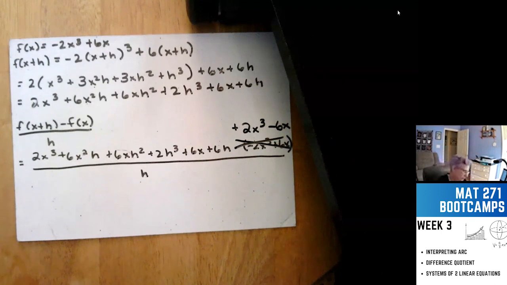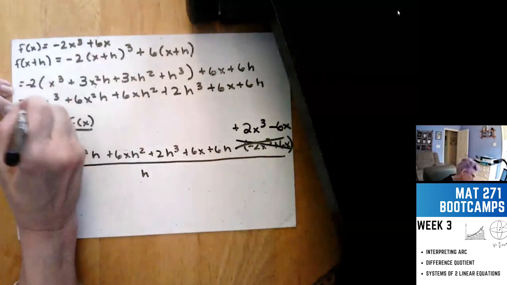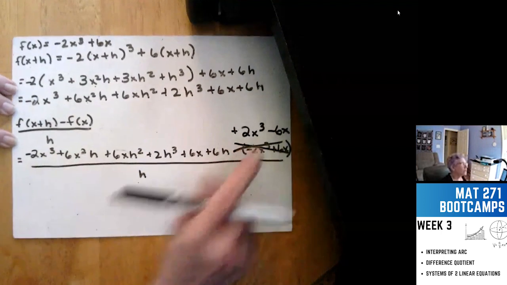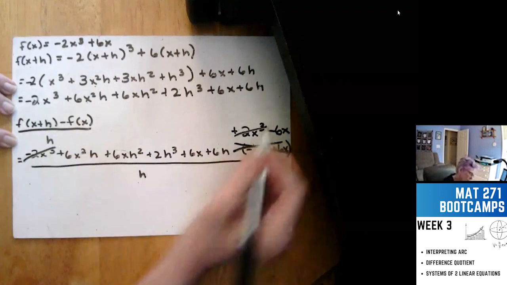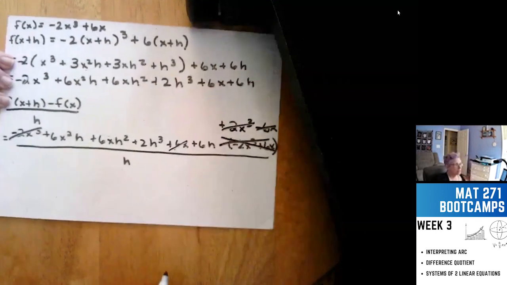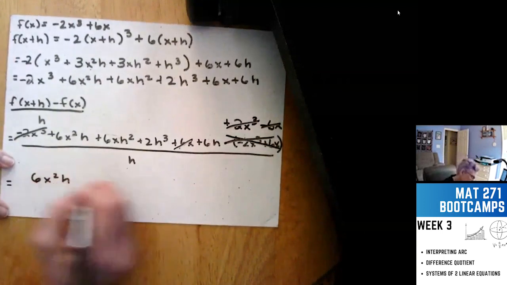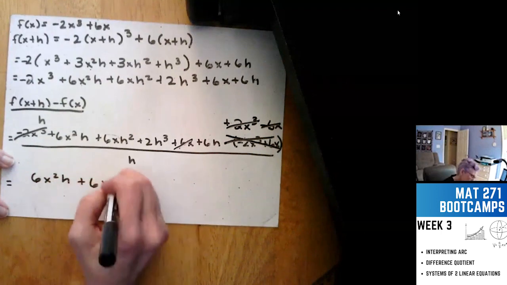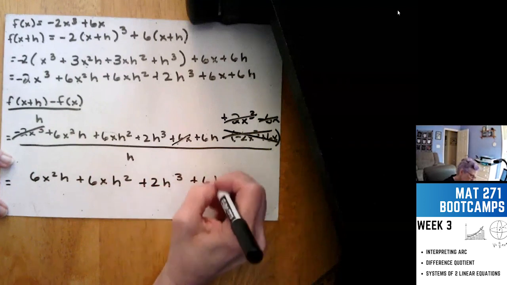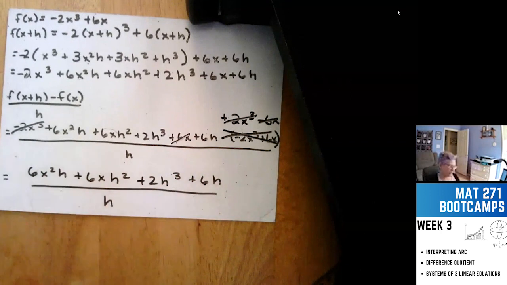Now, magic. I have minus 2x cubed plus 2x cubed. I have plus 6x minus 6x. So now I'm left with 6x squared h plus 6xh squared plus 2h cubed plus 6h, all of that sitting on top of h.